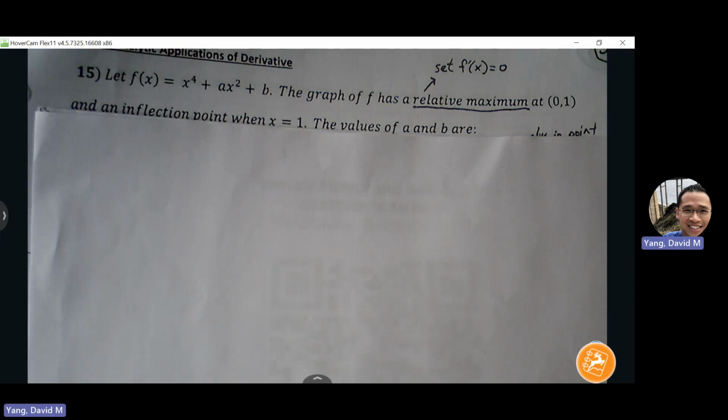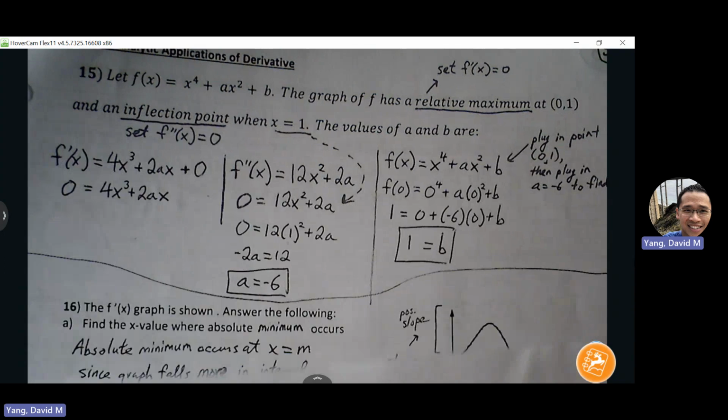So why don't we go ahead and find f prime, set it equal to 0, and see if that (0, 1) can help us gather any information about either a or b. And then inflection point means where the second derivative is equal to 0. So I can find the second derivative, set it equal to 0, plug 1 in for x, and that can help me solve for some other information.